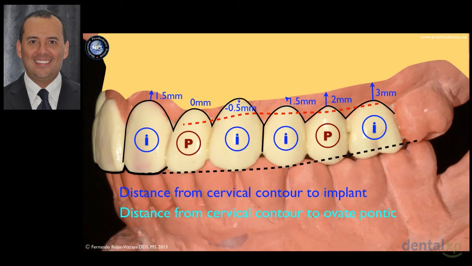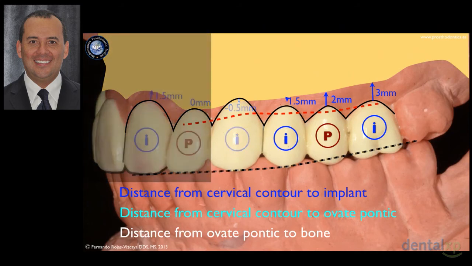So I need a space for the soft tissue, and I need a space for the material of the ovate pontic. So I need to make the analysis between the ovate pontic and the position of the bone, because I need to reduce space.